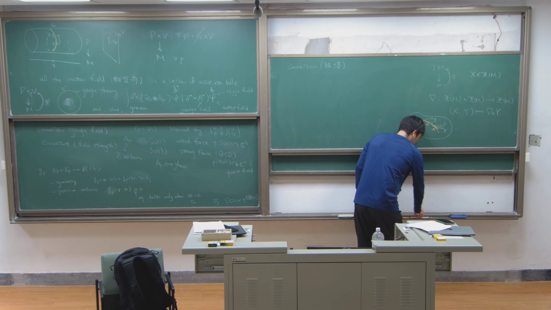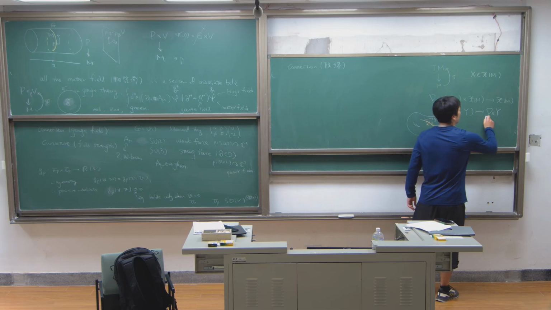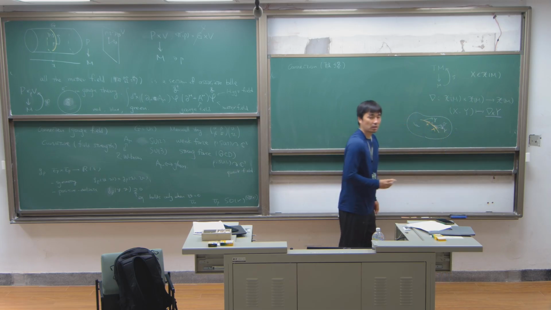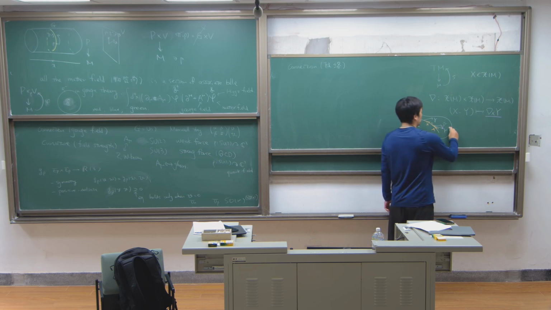And then this quantity, the covariant derivative, is just trying to measure how they are different. Okay? How they are different. That is del X Y. Okay.